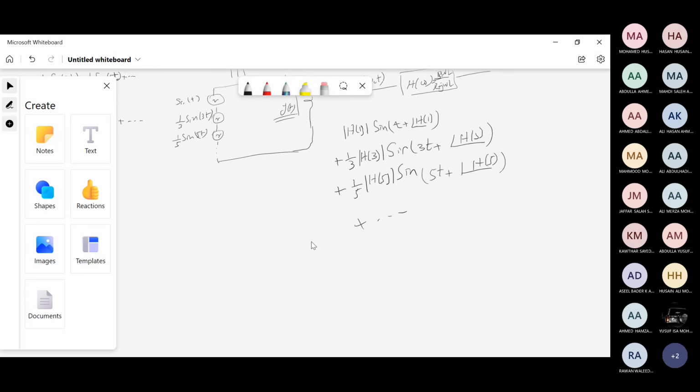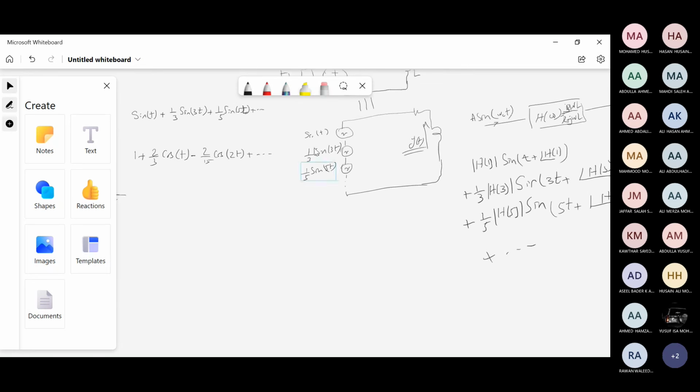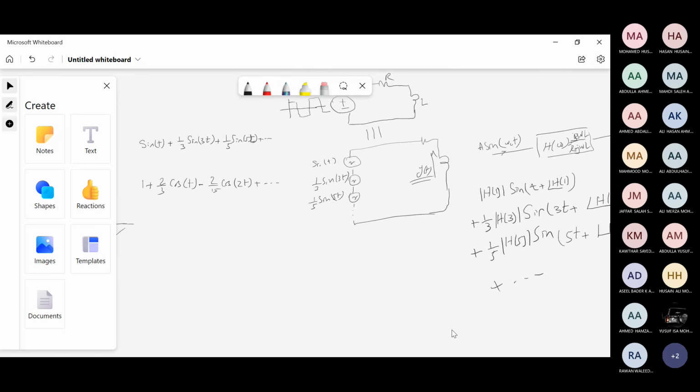Okay. Instead of this, let me put it in summation. So x of t, I can write it as a summation. Here we have 1/1, 1/3, 1/5, and so on.